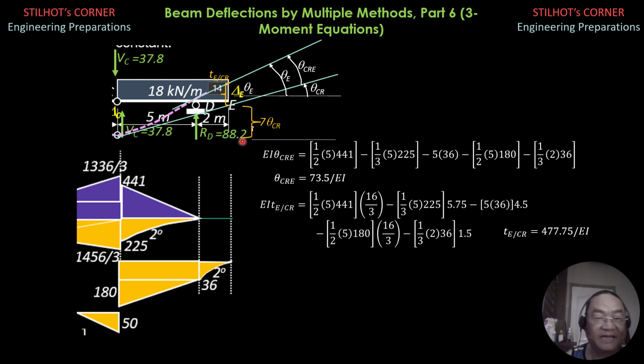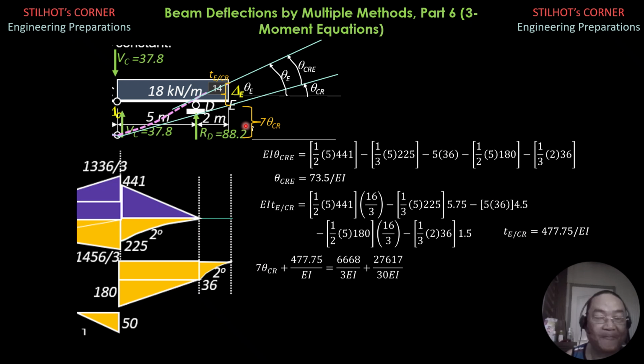So 7 times theta C right plus the deviation of E relative to the tangent at C right equals delta C, treated positive because we treat everything as positive also, plus delta E, which we already computed in the preceding slides, 27617 over 30 EI. So from there we can solve theta C right, and it is positive 22847 over 60 EI, which is 380.783 over EI. It's the same as before.